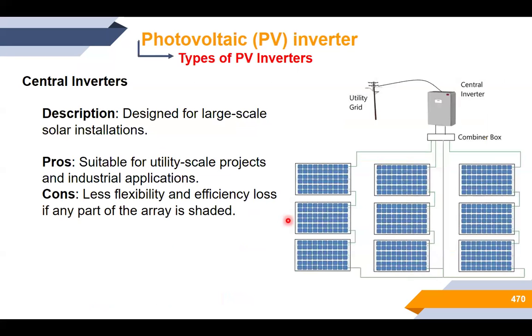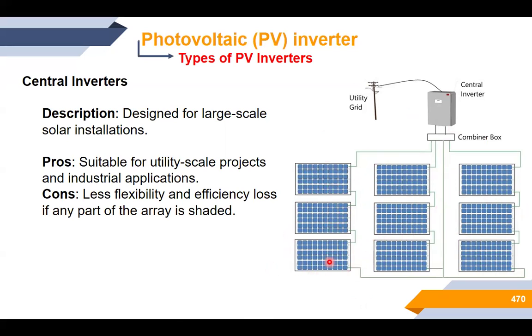The first one is the so-called central inverter. As you see in this picture, we have a lot of modules connected in series and in parallel. These 3 modules connected in series are called a string.